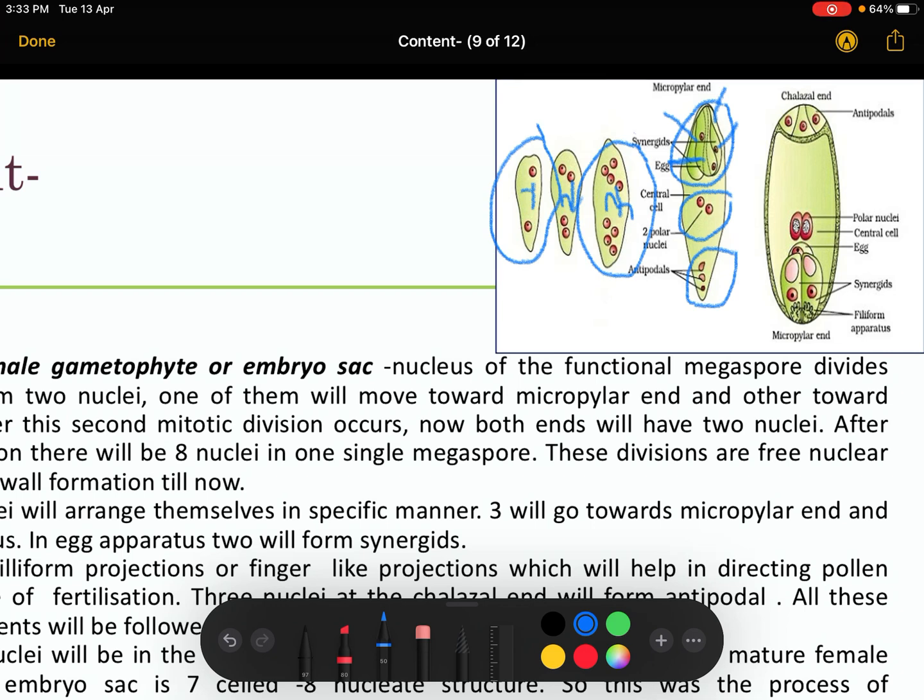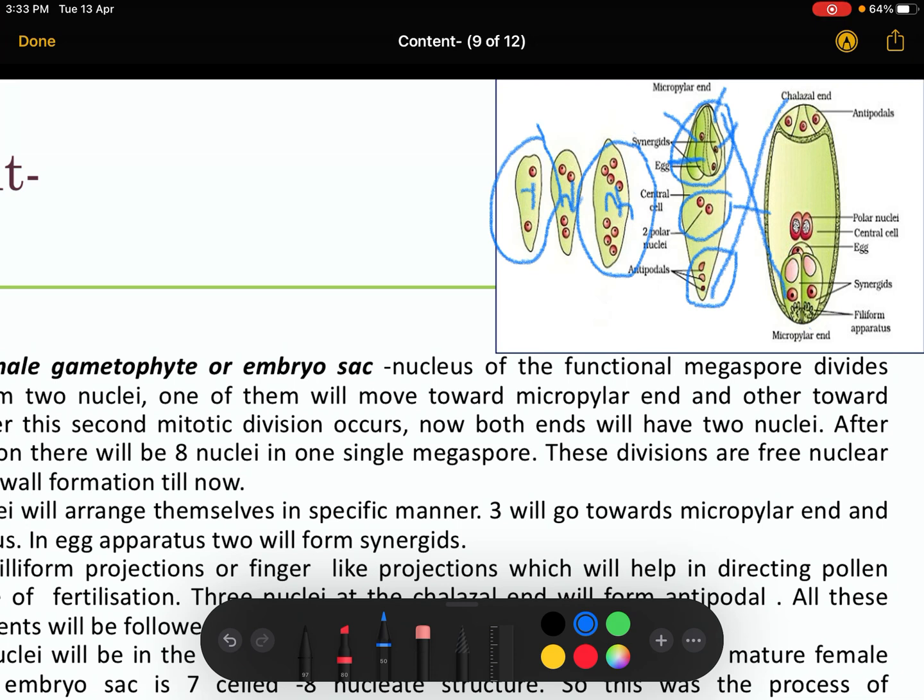There is not much distinct work of antipodals, but synergids take part in fertilization. Here this structure is shown again, but inverted. The micropylar end is showing here and the chalazal end or antipodals is showing here. This is the same structure, but the orientation is different.